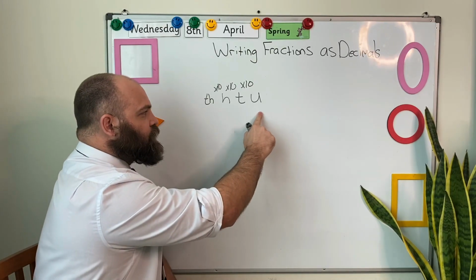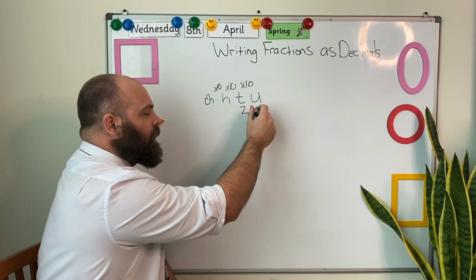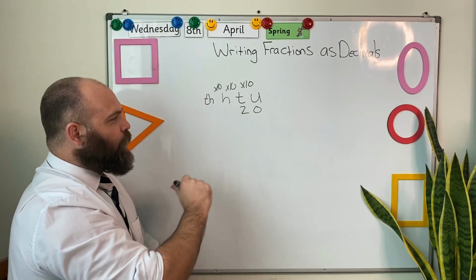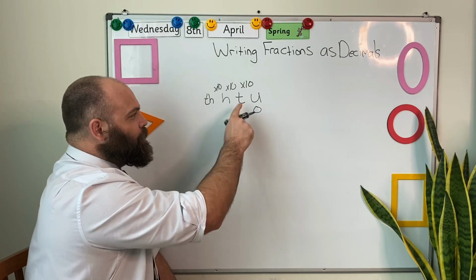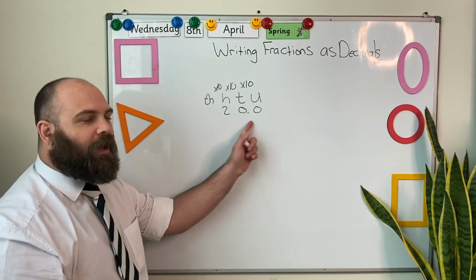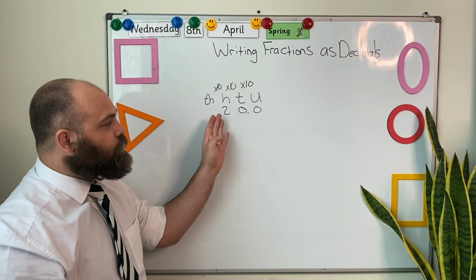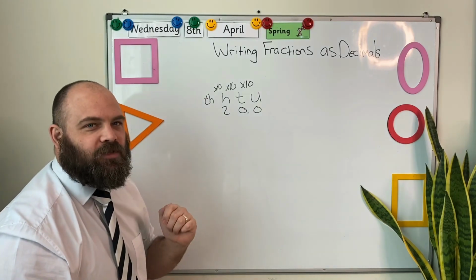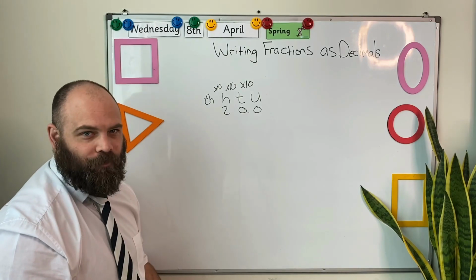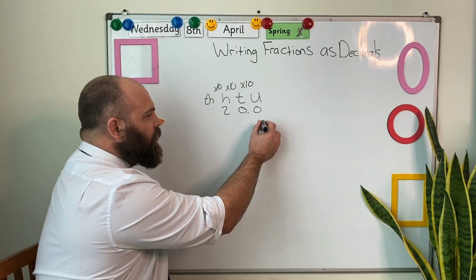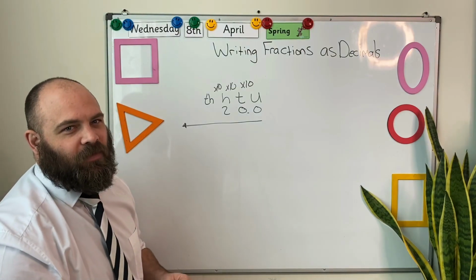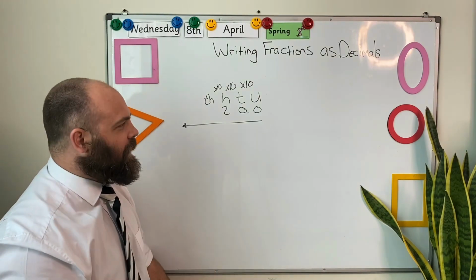If I move this 2 to our tens and I had 0 units, I would now have 20. If I moved this 2 to our hundreds and had 0 tens, I would now have 200. 200 is 10 times 20. 20 is 10 times 2. And every time we move a place further to the left, the value goes up 10 times.